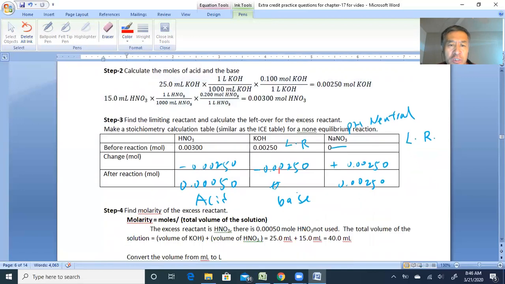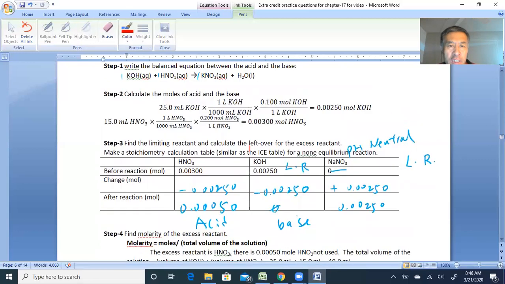Then we use the table, so we tabulate the information. We have initial moles of the acid and initial moles of the base. Then we can see who is the limiting reactant. Since they react with a one-to-one ratio between the base and acid, whoever has fewer moles will be the limiting reactant.